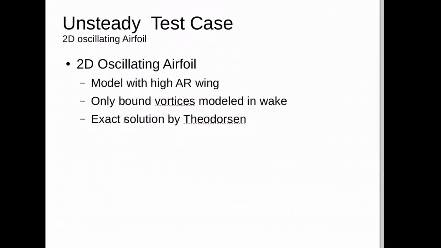So this is a high aspect ratio wing. It's really essentially acting as an infinite aspect ratio wing, just to see how well we're calculating the bound vortices that need to be modeled in general for 2D or 3D. And the nice thing is that in terms of a 2D oscillating airfoil, there's an exact solution by Theodorsen.